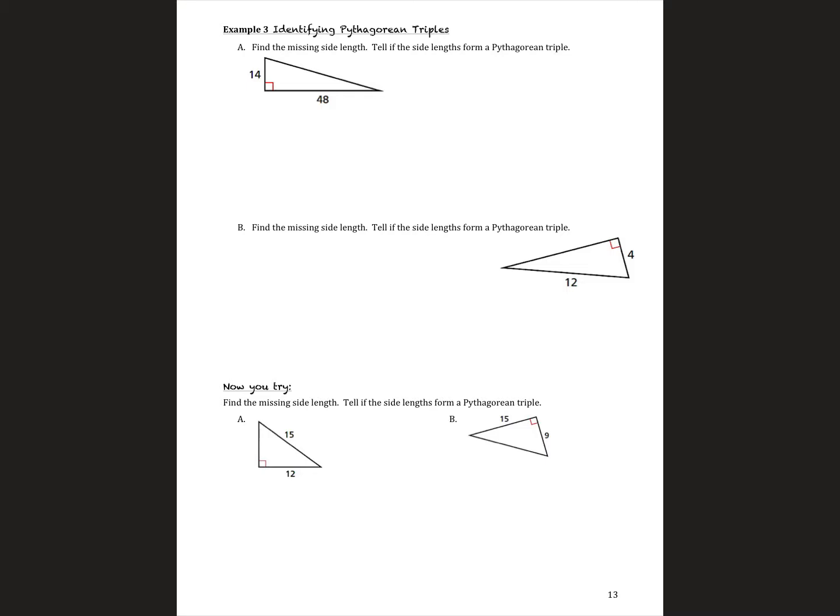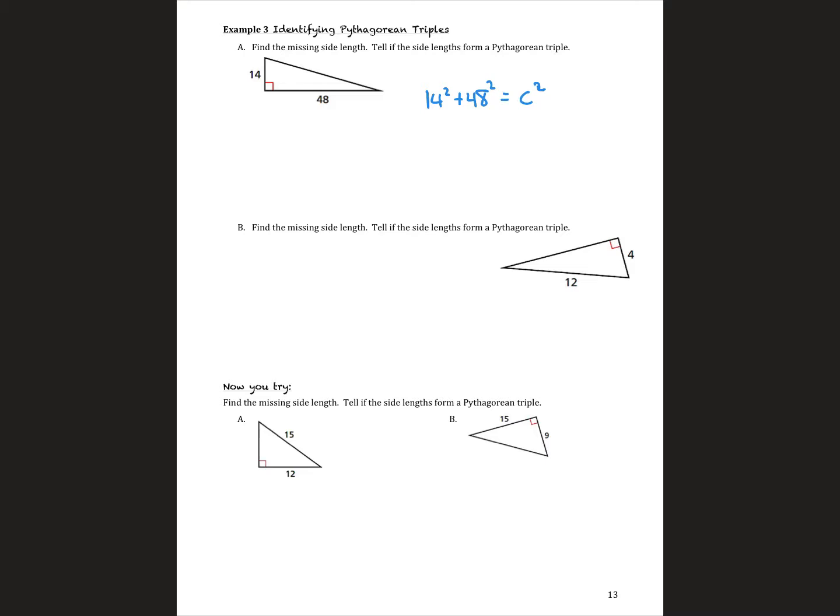So on page 13, when you have to tell whether it's a Pythagorean triple, you're going to do the Pythagorean theorem like normal. And if the numbers are whole numbers, no decimals, then it's a Pythagorean triple.